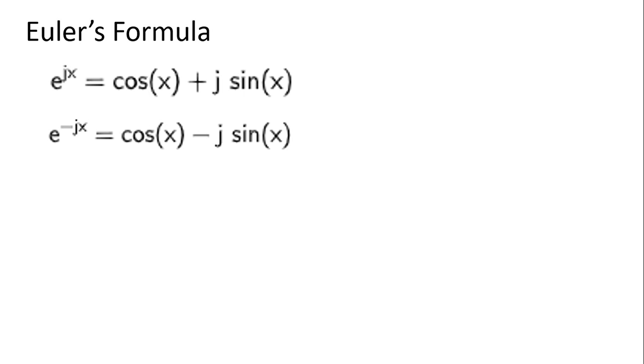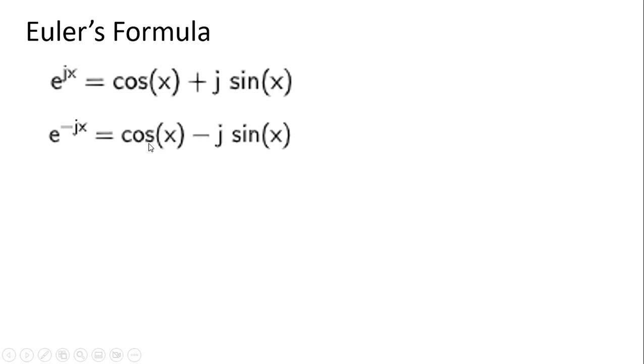One small point I want to share: notice that in both these equations, the cosine comes first, and the sine is over here on the imaginary side. So cosine is the real side.